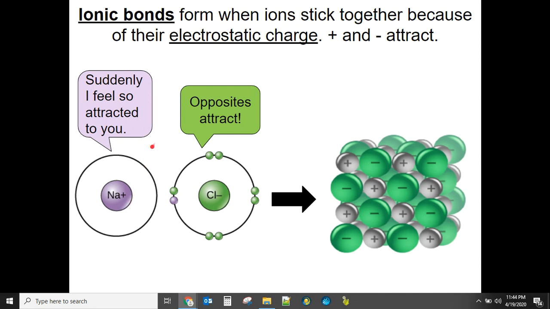And it says, suddenly I feel so attracted to this negative chlorine ion because the chlorine wanted to gain 1 more electron and it did. And now it's saying opposites attract. So this positive and this negative will stick together and they can make great big extended molecules like this with all the positives and negatives sticking together. So that's an ionic bond when ions stick together.